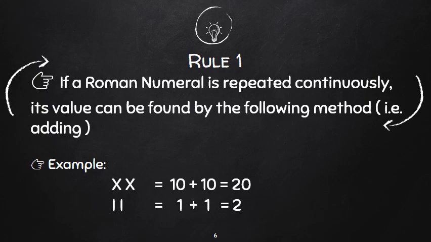So, II is equal to 1 plus 1 is equal to 2. The third one is XXV. Here the value of X is 10 and the value of V is 5. So how will we write it? 10 plus 10 plus 5 is equal to 25. So XXV is equal to 25.